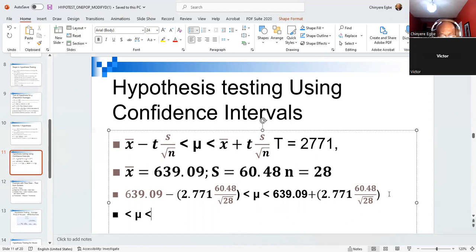So what we have is, yeah, I'll give it to you right now, Professor. I'm calculating. Okay, 9.09 plus 2.771 times 11.426, 11.26.